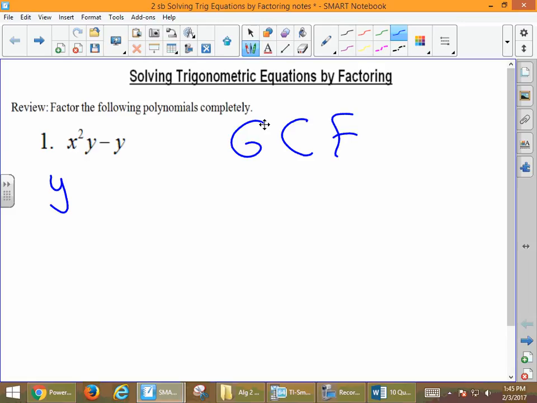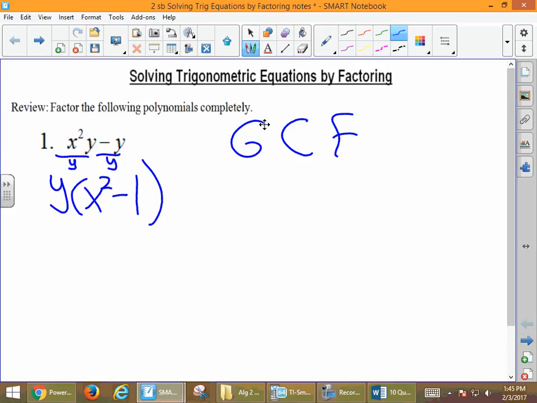So we're dividing x squared y by y, and we're dividing y by y. So x squared y divided by y is just going to be x squared, and then negative y divided by y is just going to be negative 1. So we have x squared minus 1, and then our y is now on the outside.